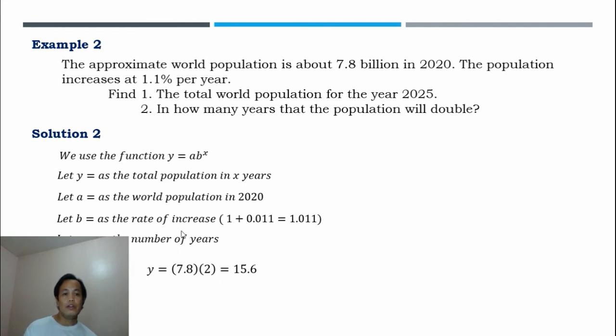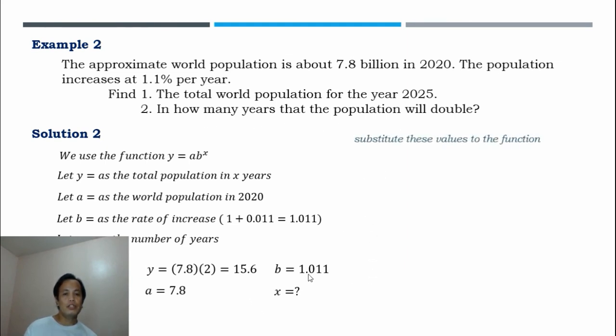Since we are solving for the number of years, we let x be the number of years. So the initial value is 7.8, our rate is 1.011, and x is unknown, that is the number of years. That's the question: how many years until the population doubles?